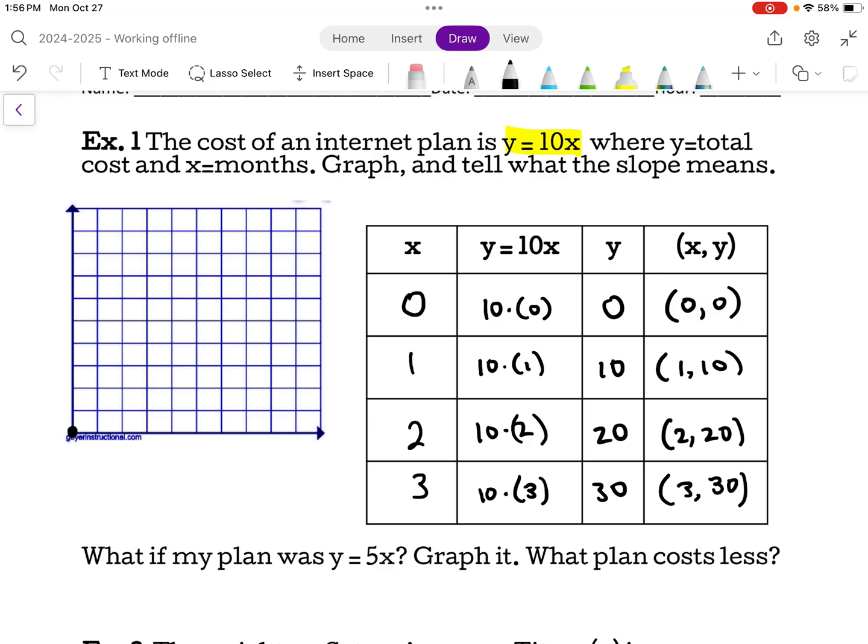So 0, 0. We'll call this 1. I'll set my graph up by tens here. 10, 20, 30.